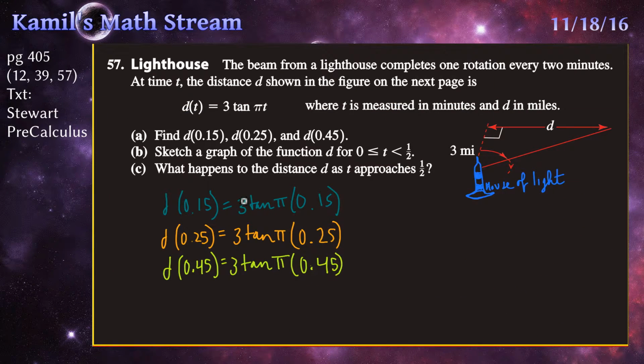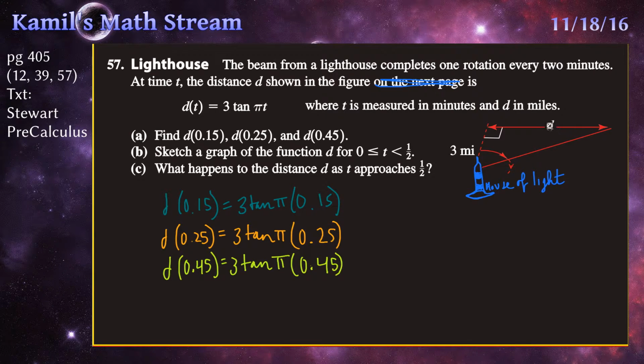To the next question. This question says the beam from a lighthouse completes one rotation every 2 minutes. At time t, the distance d, shown in the figure on the next page, but I condensed everything here, where t is measured in minutes and d in miles.